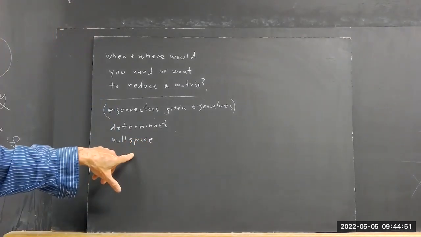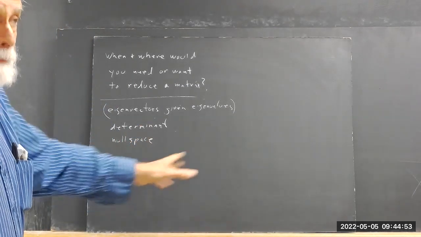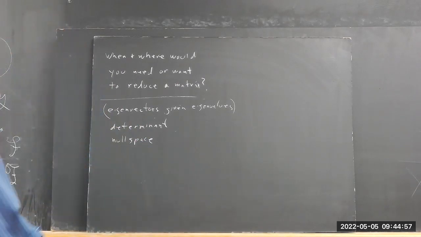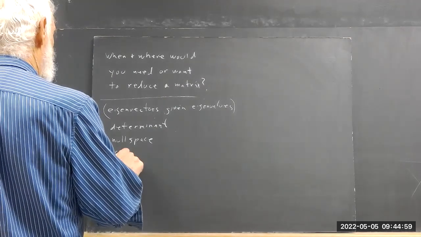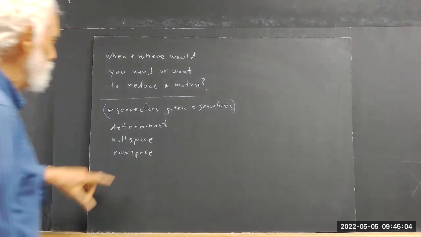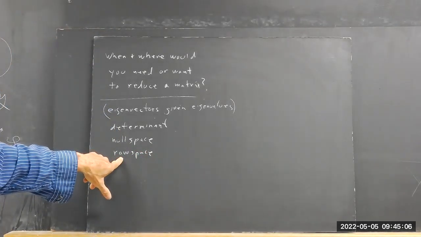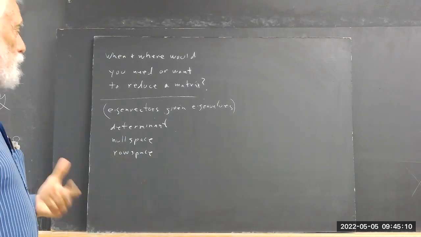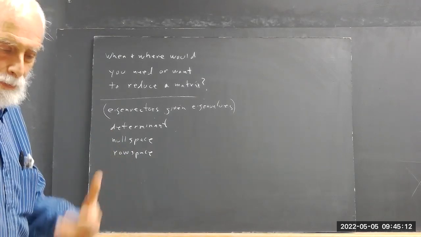The homogeneous system that you solve to get the null space, okay? And the same basic matrix, except it's not a homogeneous system.